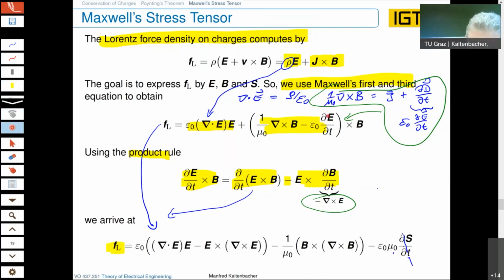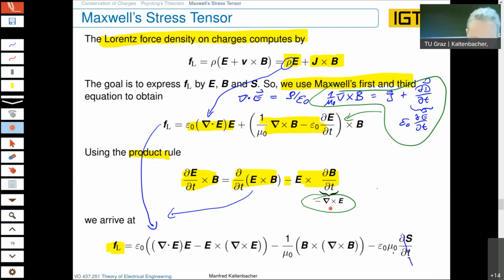And then here this term, where we have the time derivative of the electric field cross product with the magnetic field, we can express purely, as you can see here, by the curl of the electric field.